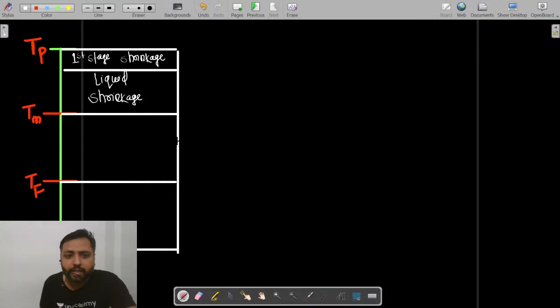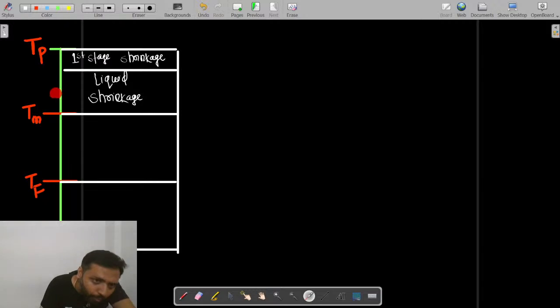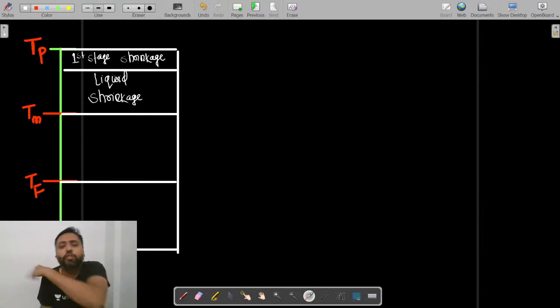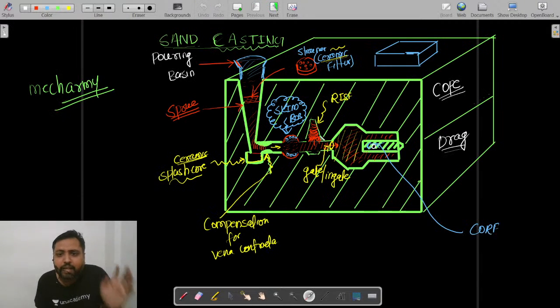Once the temperature reaches Tm, some volume reduction has already occurred. Whatever molten metal was in the cavity, its volume reduced.